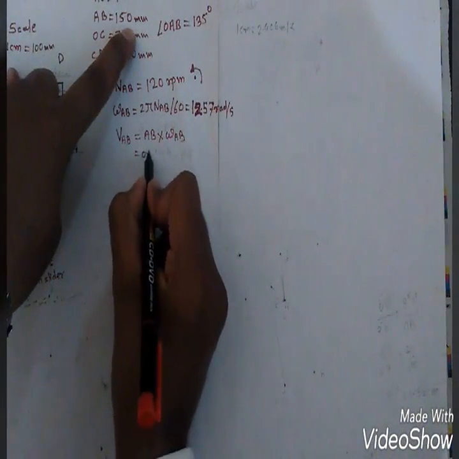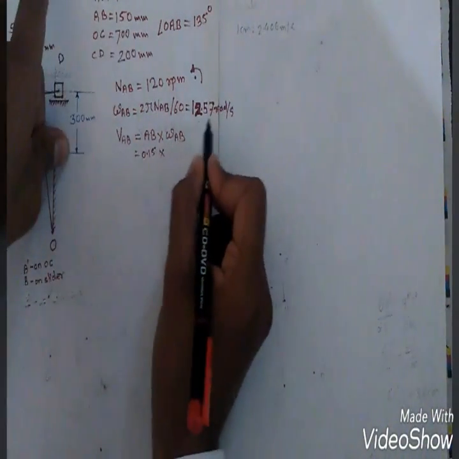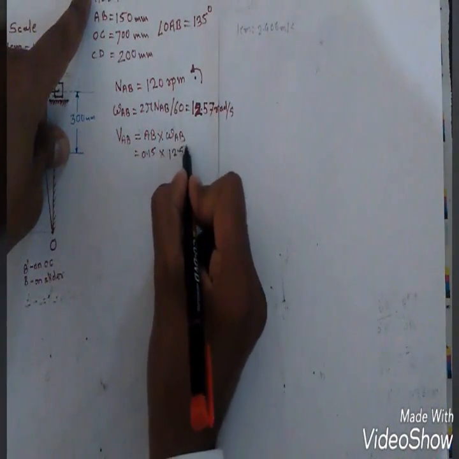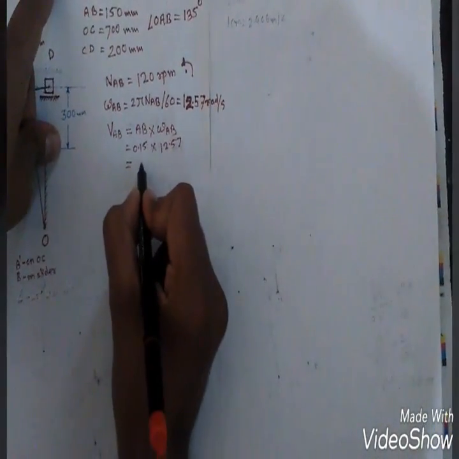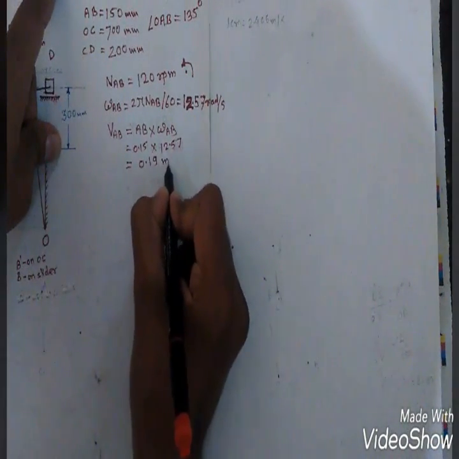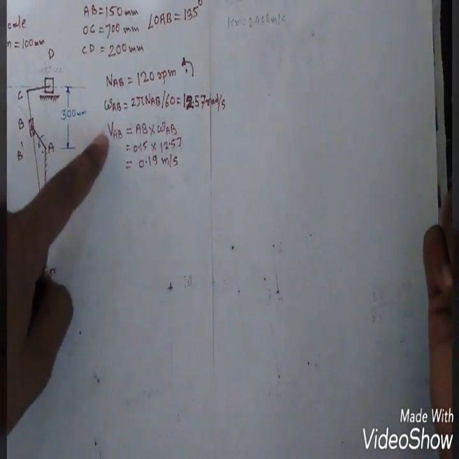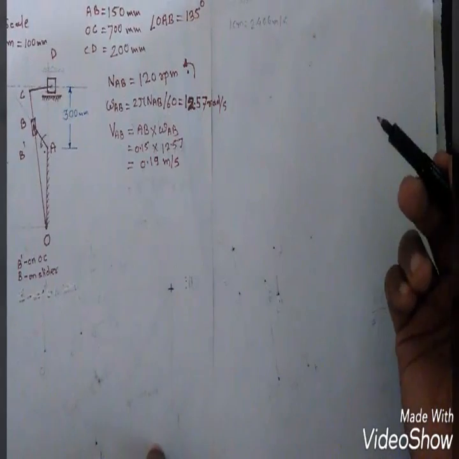We have to convert this to meter, 0.15, into omega AB, that we have calculated, 12.57. If you calculate this with the calculator, you will get 0.19 meter per second. After calculating this velocity, we will move towards the velocity diagram.